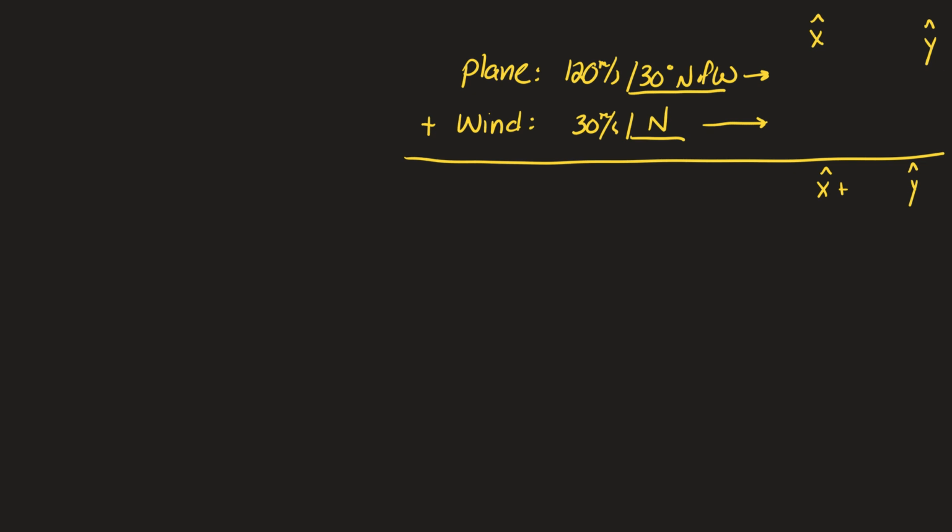Once I finish that, although that is my answer technically, I have to express my answer in terms of a polar vector. 3 things to do. So I've created a chart to help me recognize what I need to do to finish this problem. I'll need to find 2 numbers here and 2 numbers here. I'll have to add those together so that I get the total in the x and the total in the y. And then when I'm done, I will need something with an angle.